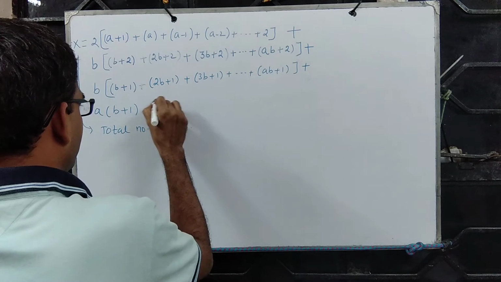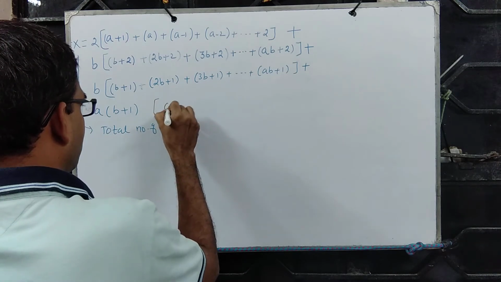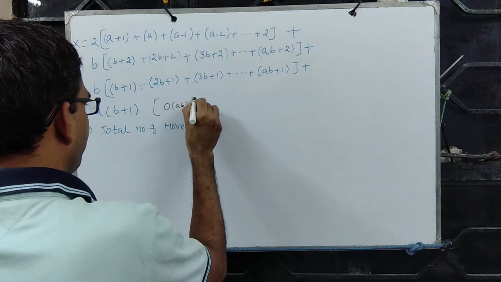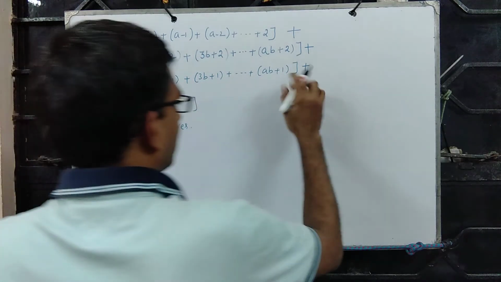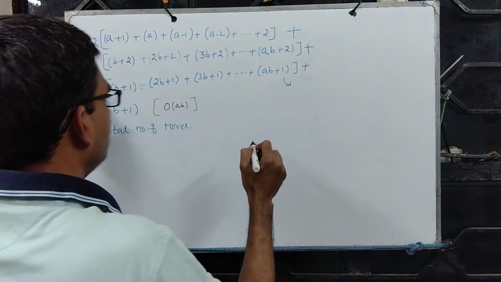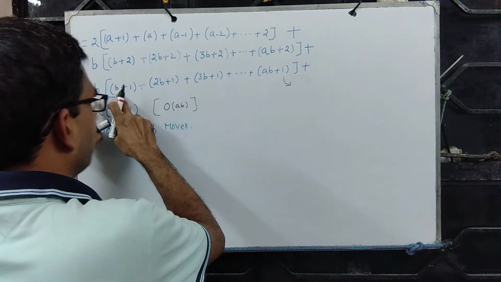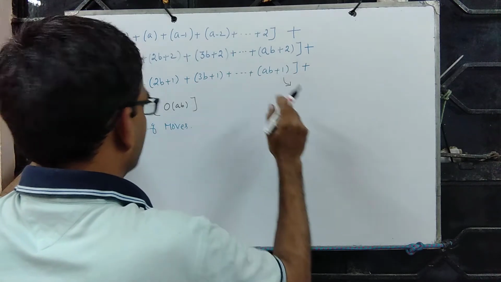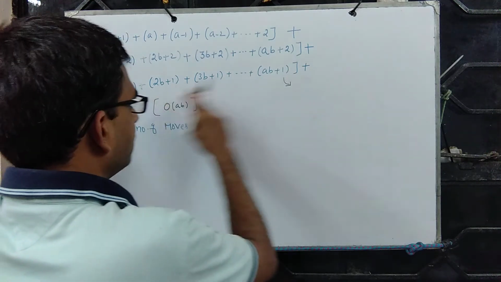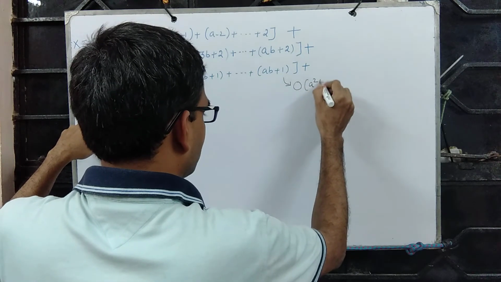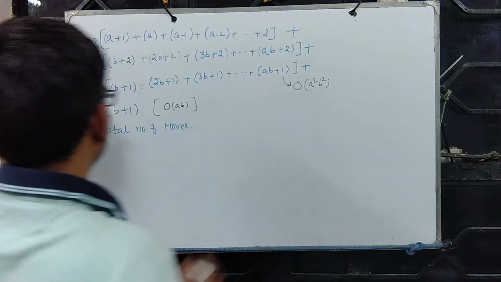So this one is order of, or theta of, AB, and this part is, you take B out, then 1 to A, and that is an AP, so you get A square, so this is theta of A square B square.